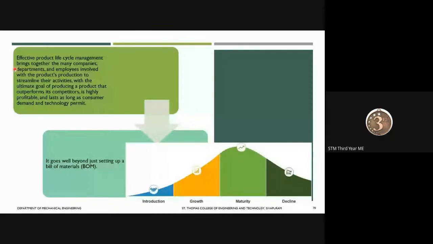Then effective product lifecycle management brings together the many companies, departments, and employees involved with the product's production to streamline their activities with the ultimate goal of producing products that outperform competitors as fast as consumer demand and technology permit. So what we are doing is we are controlling various departments and employees that are involved in product production.